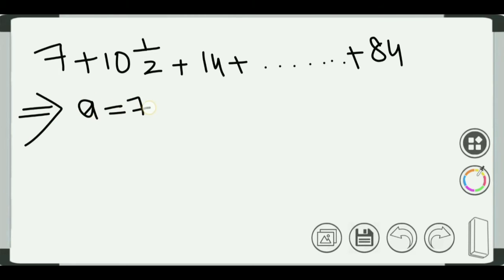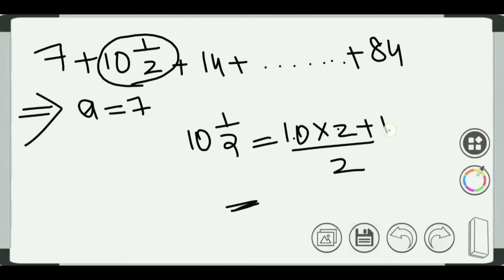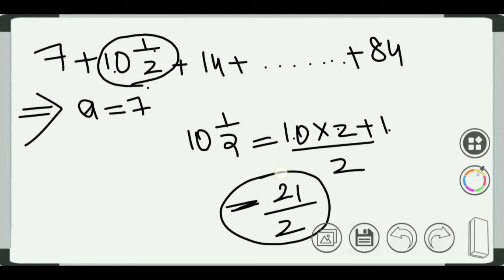A is equal to 7. What is D? Before that, you can change this 10 1 by 2, which is a mixed fraction, into an improper fraction as 10 into 2 plus 1 by 2. That is 10 into 2, 20, plus 1, 21 by 2. So instead of 10 1 by 2, you can write 21 by 2.